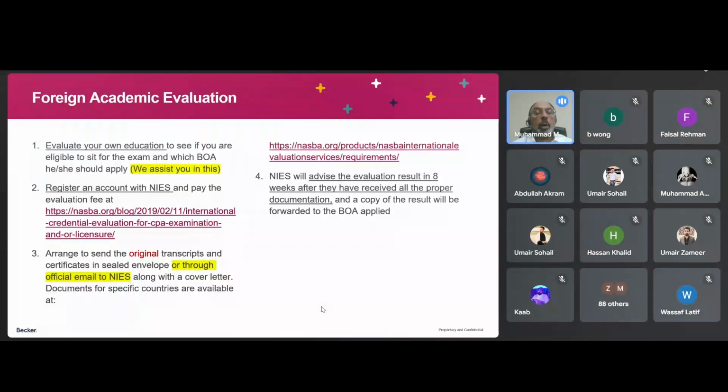And they don't send by email, they send in a sealed envelope. So again, the postage days are more to be added. Once all the documents are received by NASBA, it takes about 8 weeks to give the result of the evaluation. Okay.